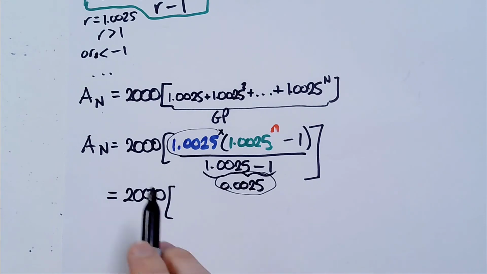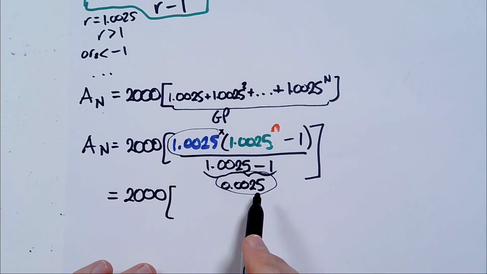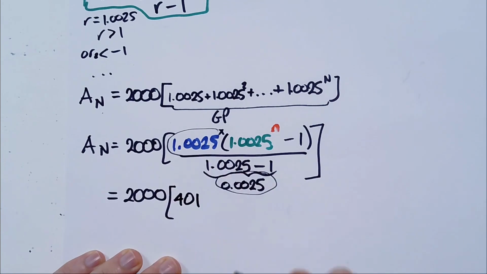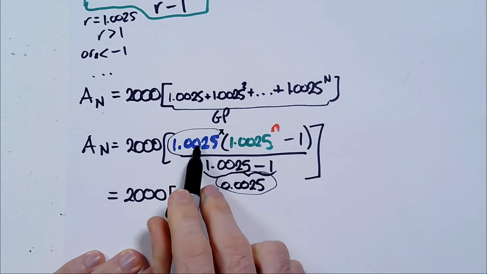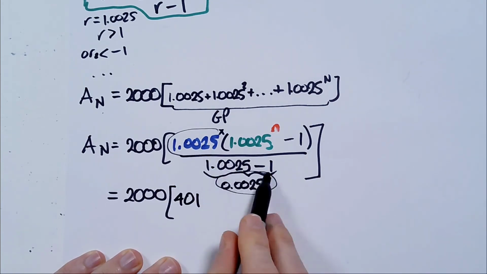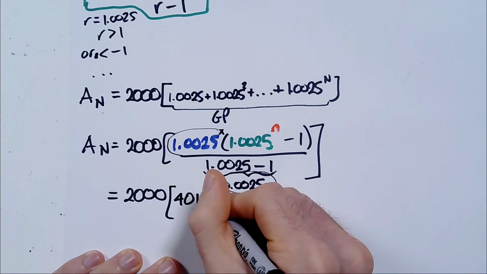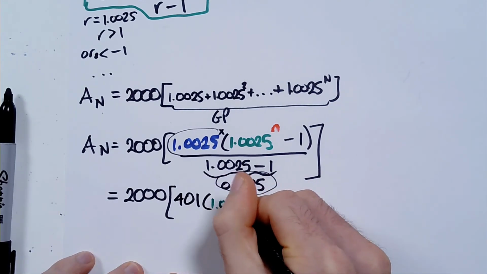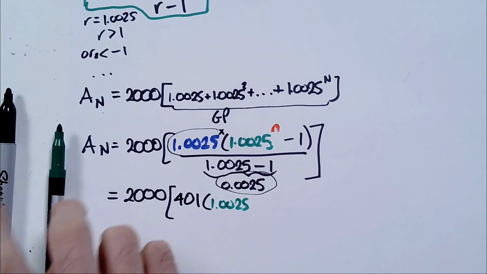What is that number going to be if I divide those two together? We are going to get 401, and you can put that in your calculator. So that blue number divided by the denominator equals that, and that leaves us still with the 1.0025 to the power of n minus 1.